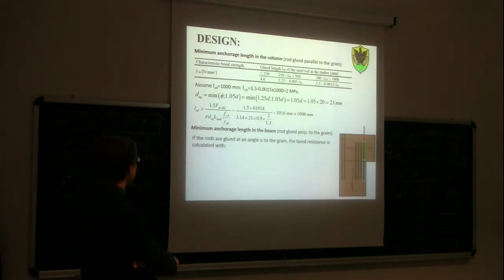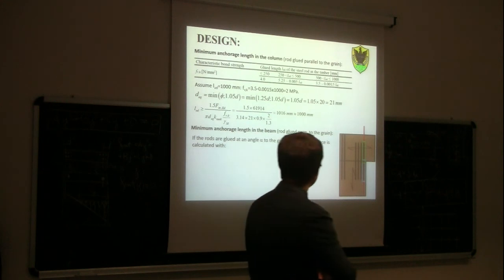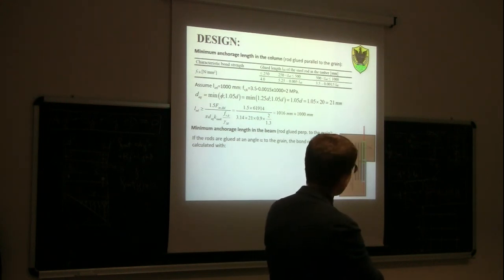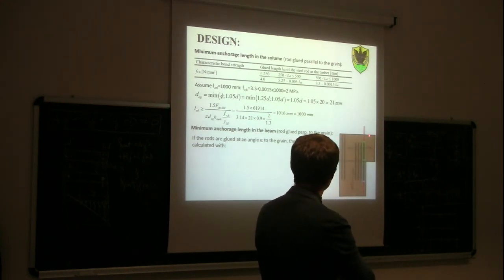So for the minimum anchorage length, bond length of the bar in the column, we can assume 1000 millimeters.